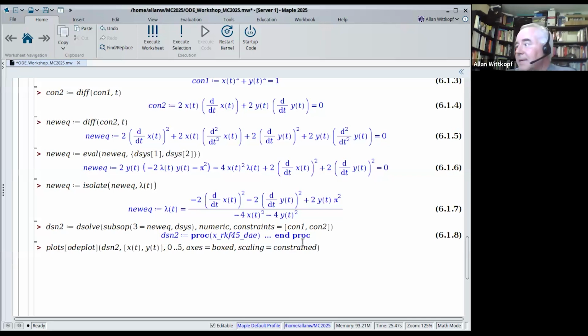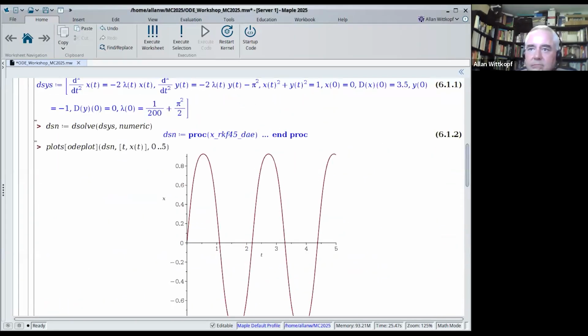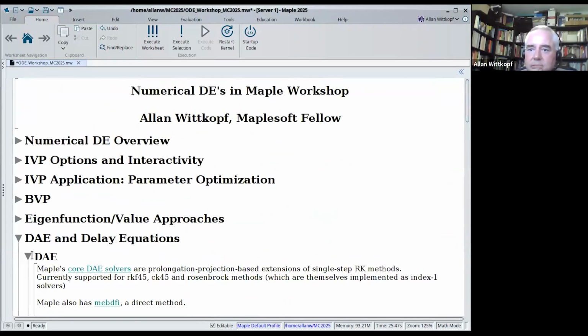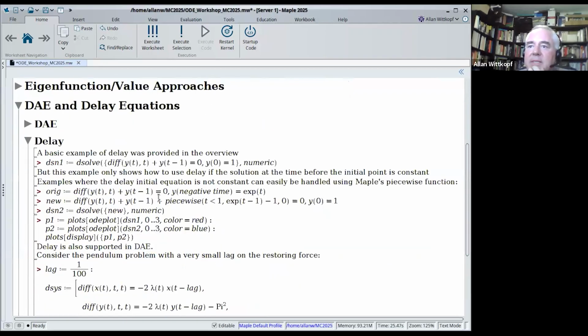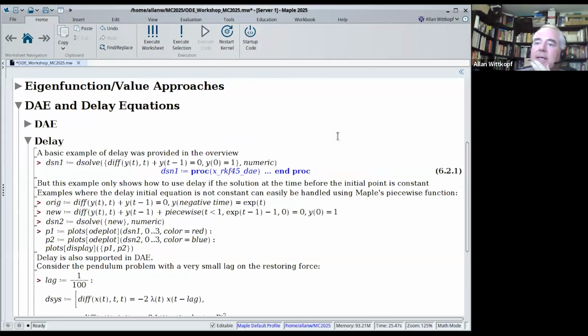Okay, I'll move on to delay. A basic example we had in the overview, this one.